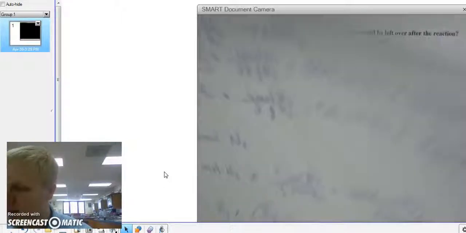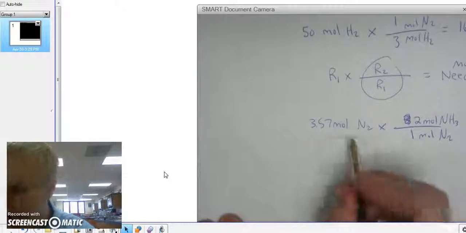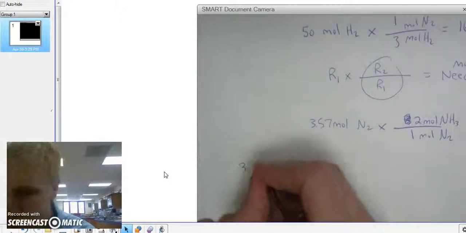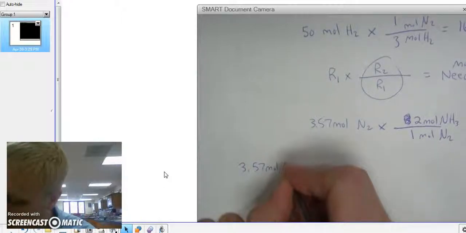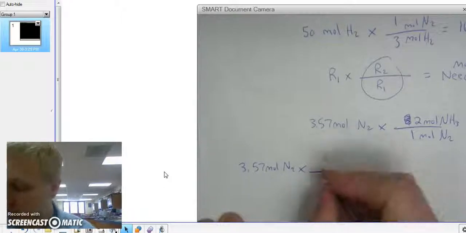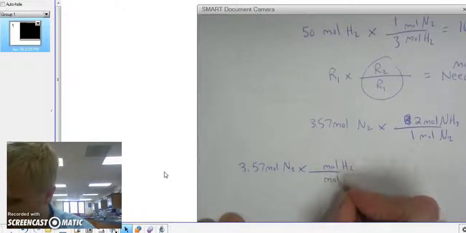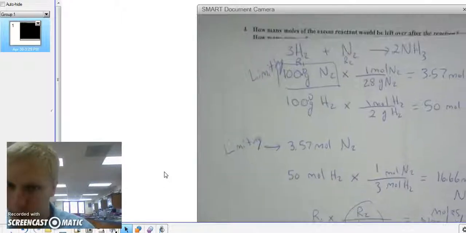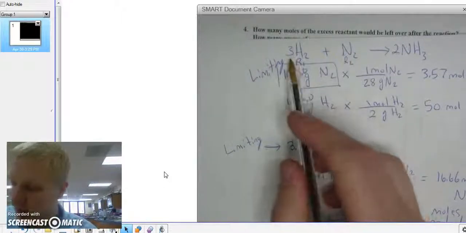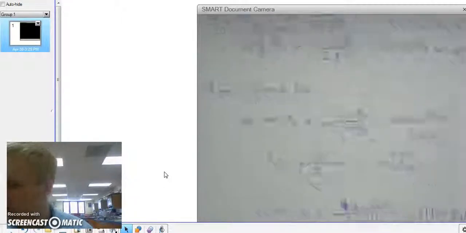So in that case, you're going to take your limiting reactant, which was 3.57 moles of N2, and do a mole-mole ratio comparing the excess reactant to the limiting reactant. Your excess reactant was H2, your limiting reactant was N2. Going back to your actual equation, you've got 3 moles of H2 for every 1 mole of N2. So it's a 3 over 1 ratio.